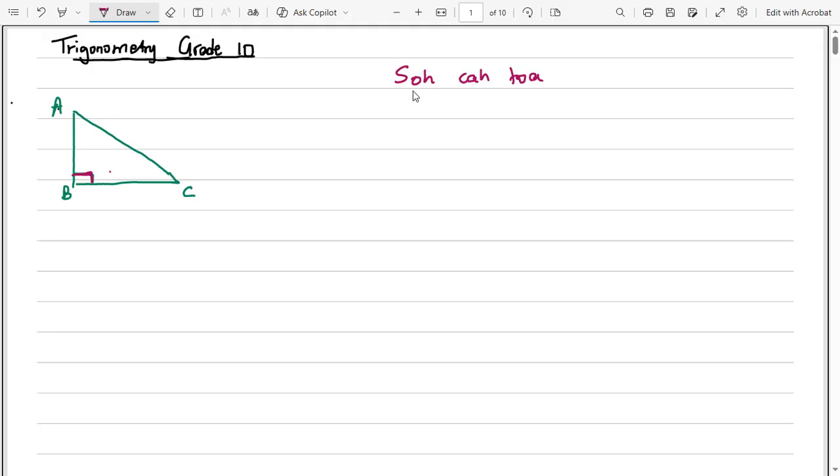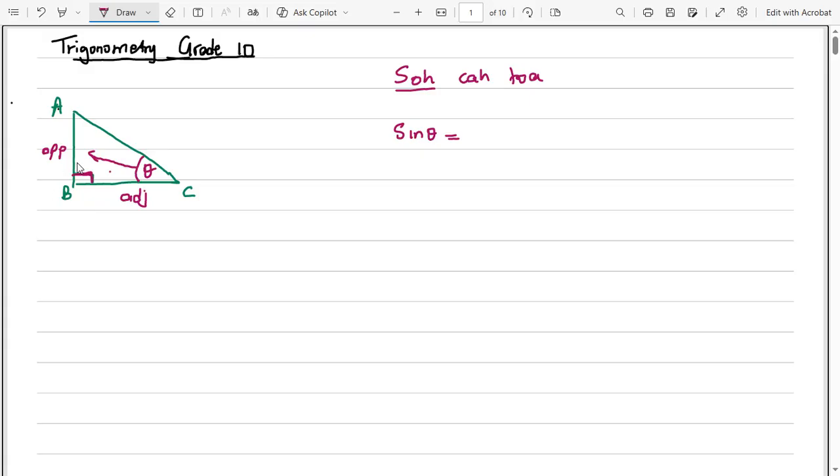So this one is for sine, meaning that the sine of, if this is angle theta, the sine of that theta, it will be O for opposite. If this is your angle, the side that is opposite to that angle is your opposite. And then this will be your adjacent.